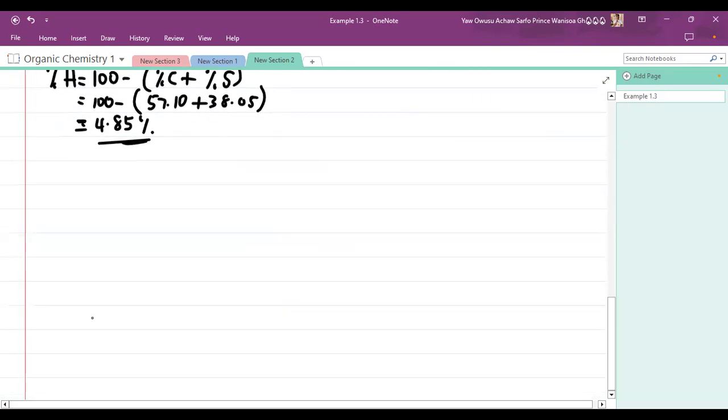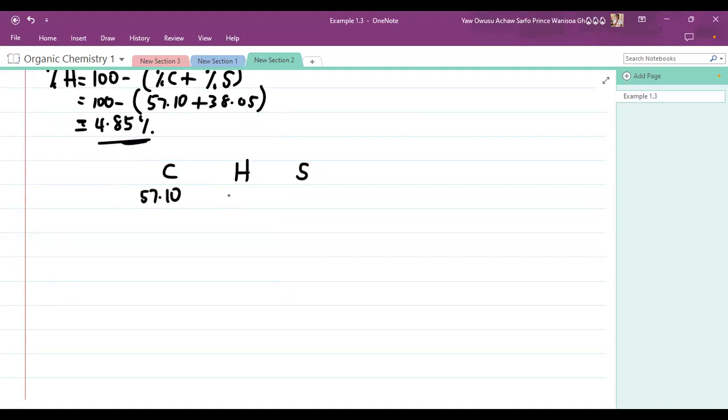So back to our calculation. We have C, H, and S. The percentage of carbon is 57.1, hydrogen is 4.85, and sulfur is 38.05. In step 1, we have known our mass for each element.